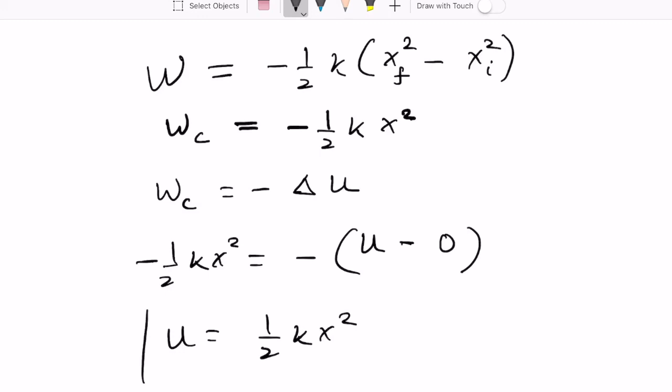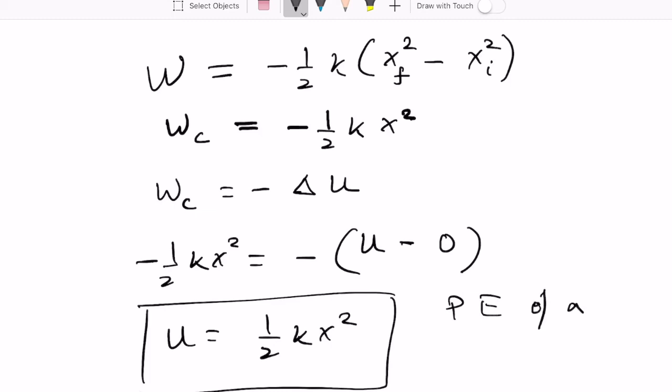And this is a very important formula. This gives you the potential energy of a spring that has been stretched.